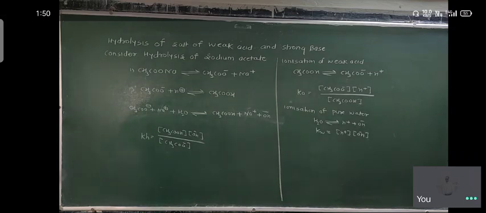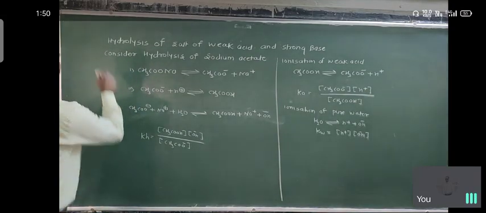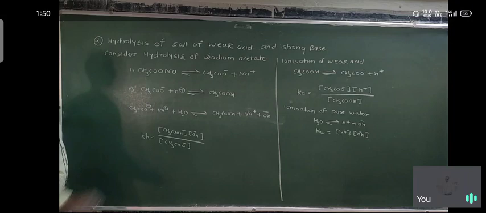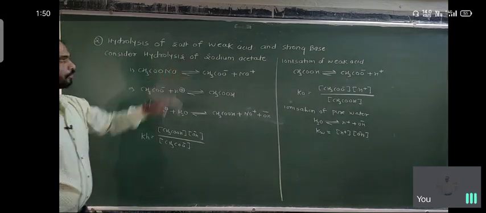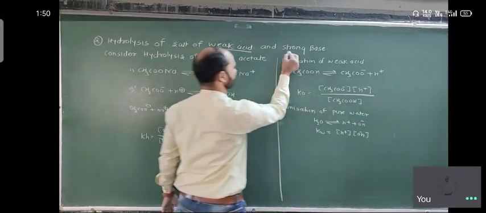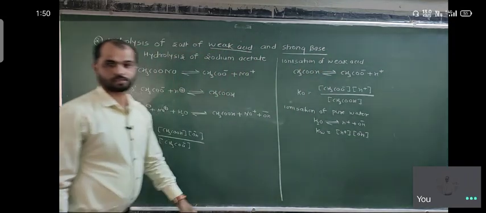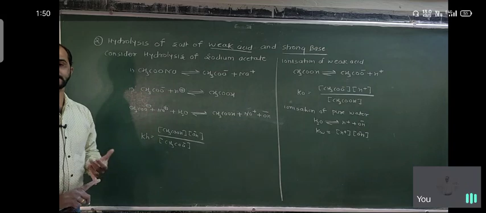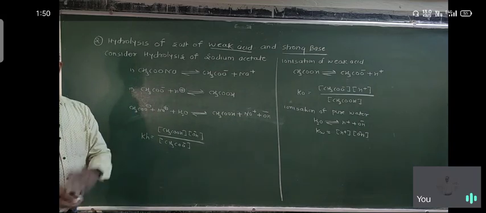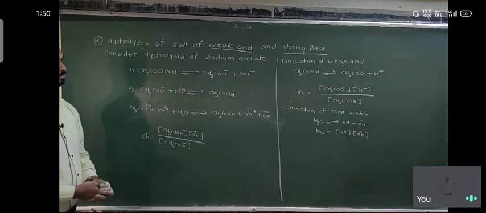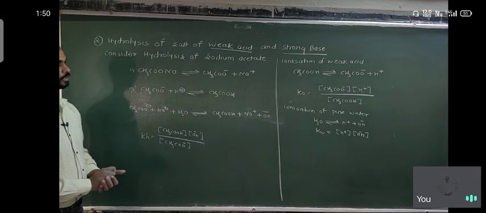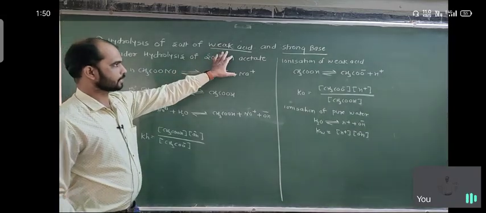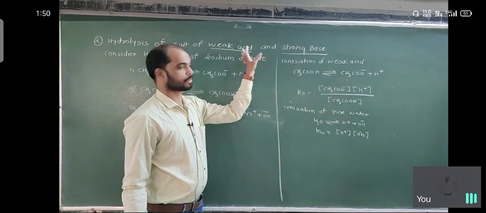Okay, we consider the second combination, hydrolysis of a salt of a weak acid and strong base. Weak acid means acetic acid, strong base means NaOH. So acetic acid and NaOH are combined together.